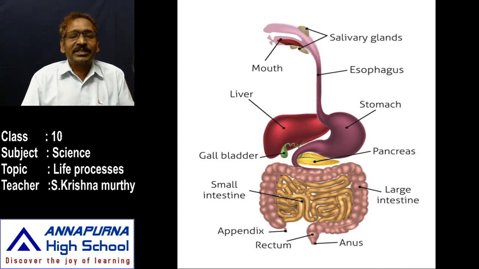Emulsification is the process of splitting fatty molecules into smaller ones. In the oral cavity the fat does not change, and in the stomach the fat does not change, but in the small intestine the fat can change into small globules.